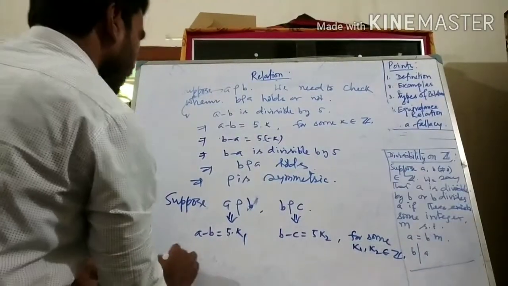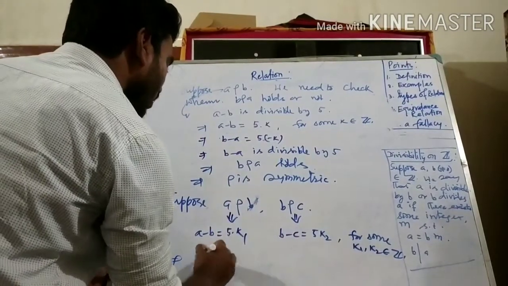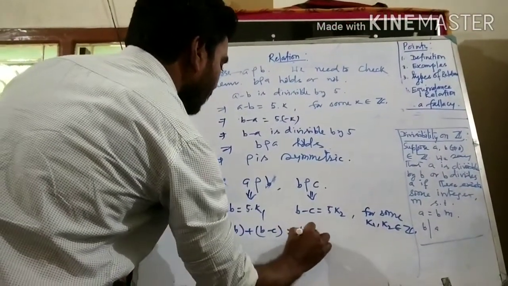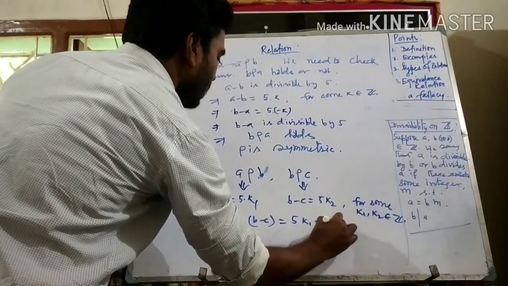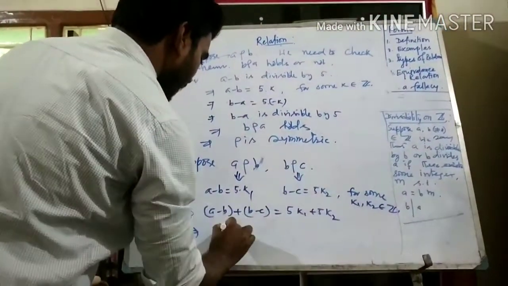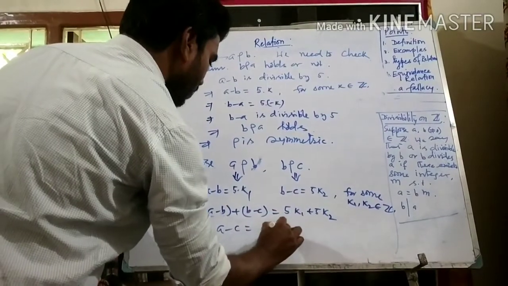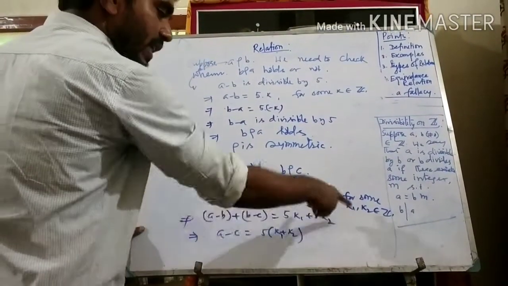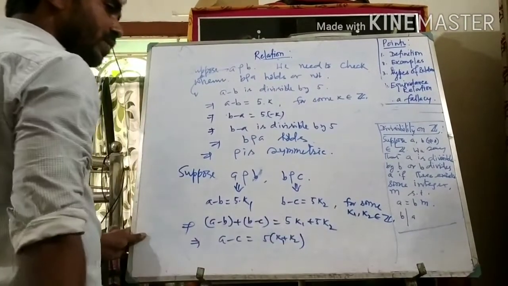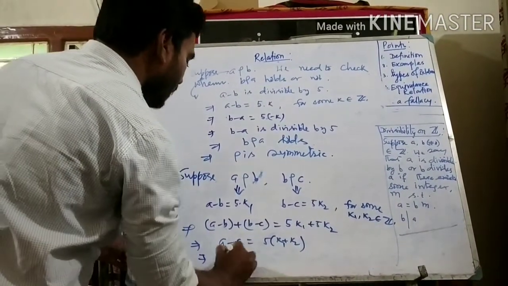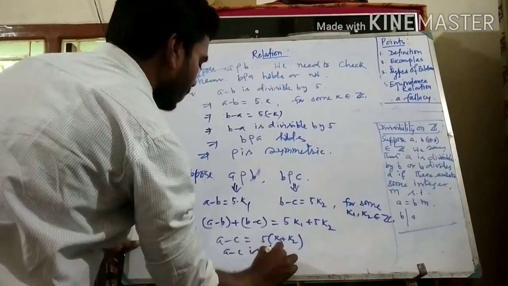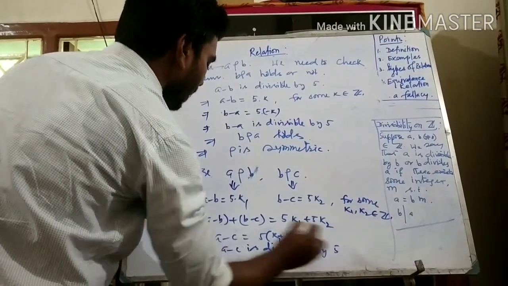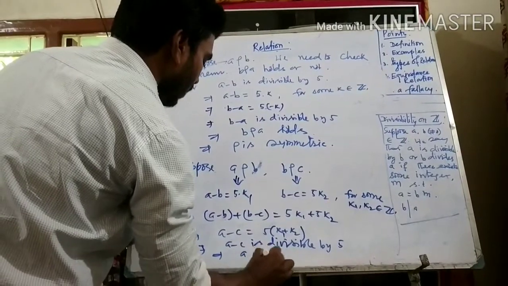Okay. So you add them. You will get A minus B plus B minus C equals 5 K1 plus K2. This implies A minus C is equal to 5 into K1 plus K2, right? Since K1, K2 are integers, their sum will also be an integer. And this means A minus C is divisible by 5. And that means A rho C holds.